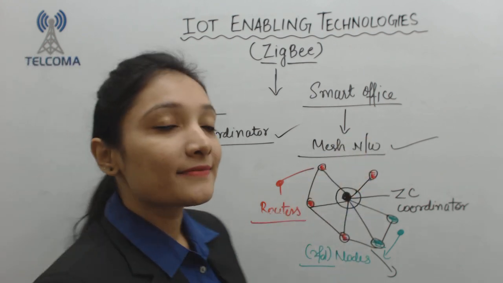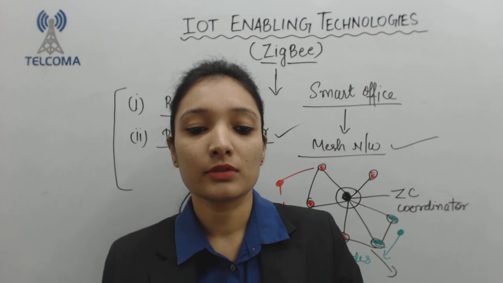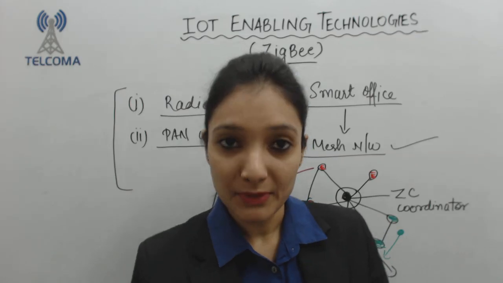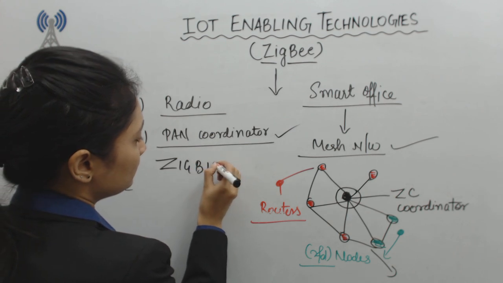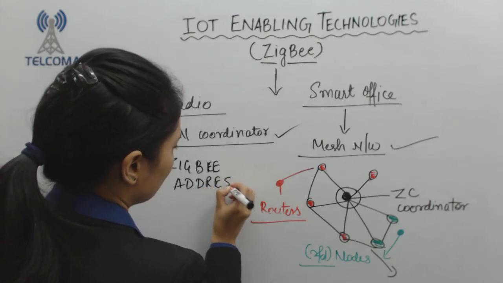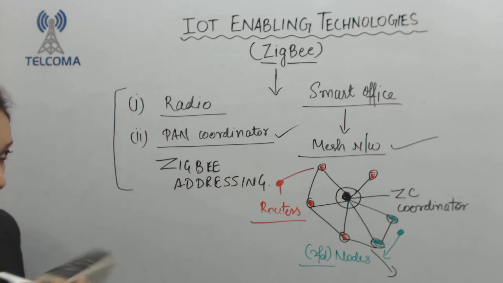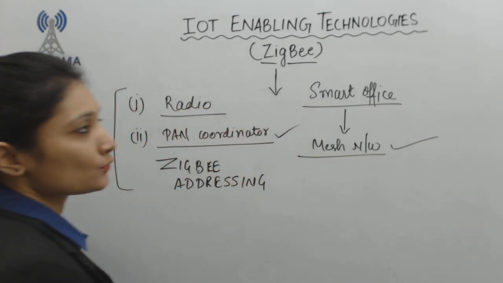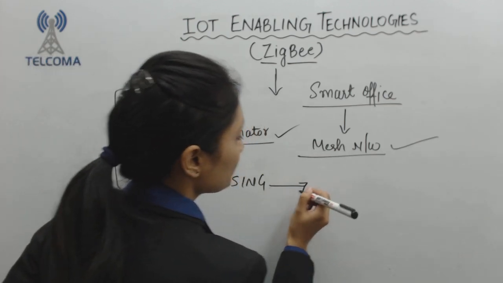Now, how will these various devices be identified? That means how will they be differentiated, because there will be hundreds of devices in your network. For that purpose, we have Zigbee addressing. Any device which is Zigbee enabled, that means it is IEEE 802.15.4 specified, will have an OUI address from the manufacturer.